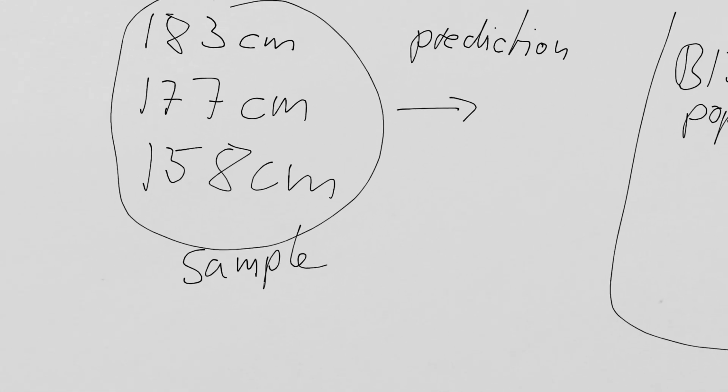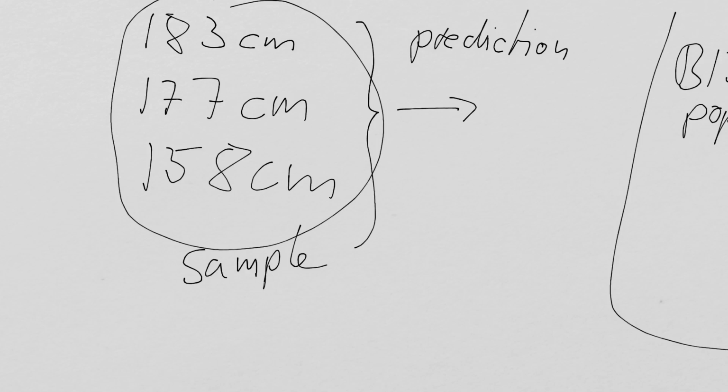Can somebody please do me an enormous favor? Somebody who has a calculator at hand. Can you please calculate for me what is the average of these here? Thank you. So I just got a first result here.